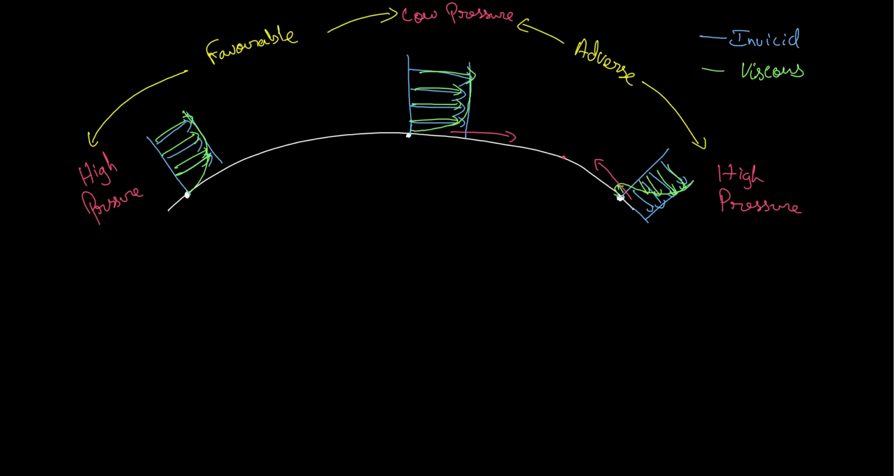If I try to sketch the velocity profile at this particular point, I'll observe something like this. The flow velocity becomes zero at the stagnation point. And if I try to sketch the streamlines of the flow, they look something like this.